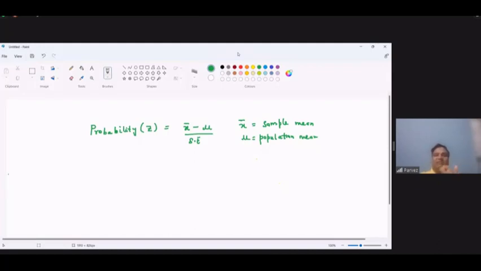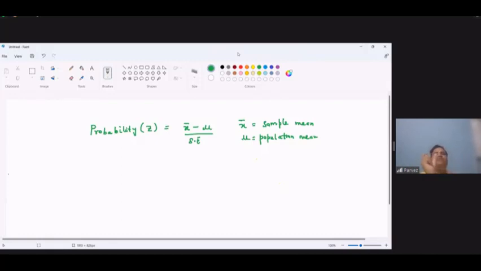Then for whatever value they are asking to find the probability, that is your X bar. Like I said, I want to find the probability of those employees whose salary is more than 40,000. So 40,000 is here X bar.